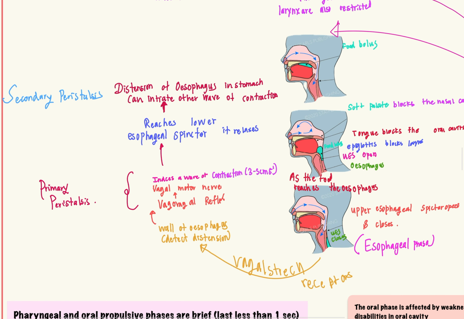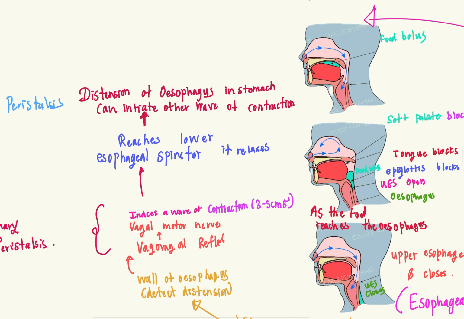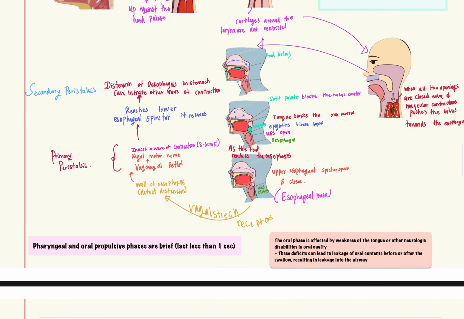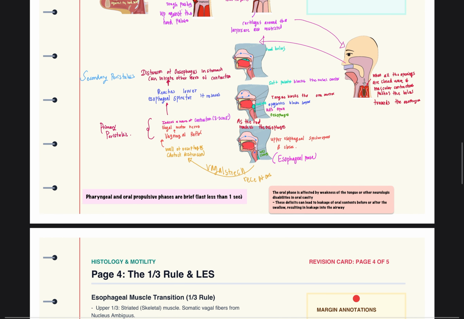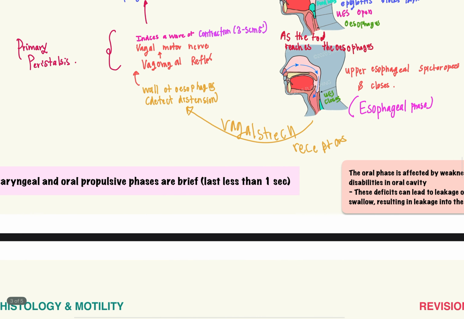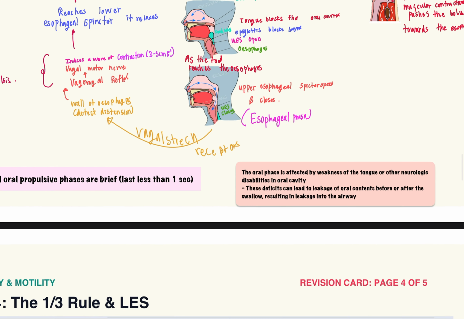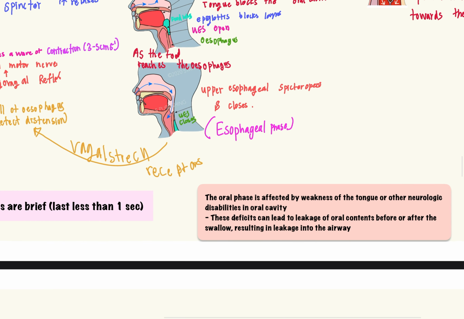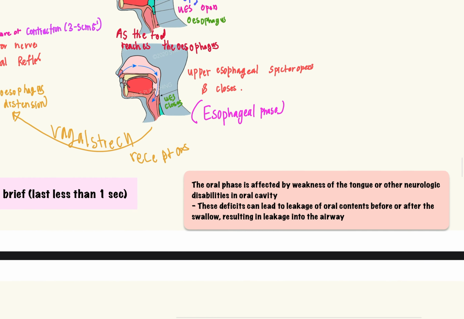When the wave reaches the lower esophageal sphincter, it will open to allow the food bolus to pass into the stomach. So the pharyngeal and oral propulsive phases are brief. Weakness of the tongue or any other neurologic disabilities will affect the oral phase.